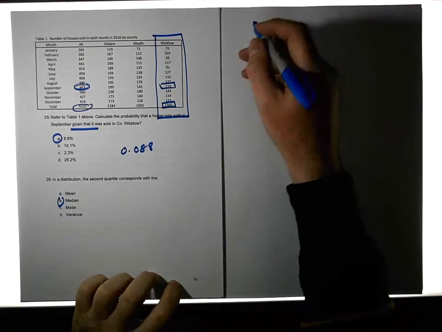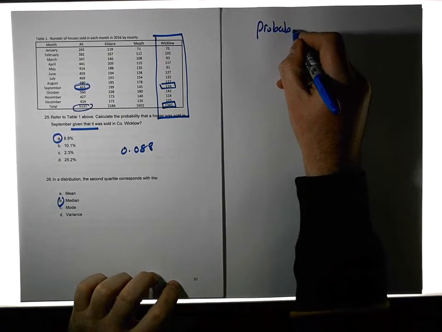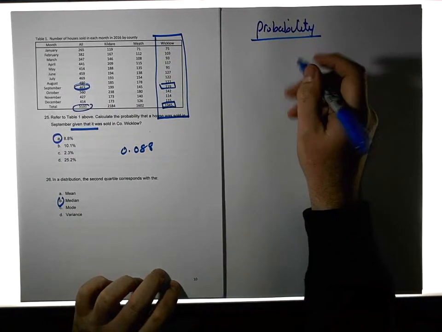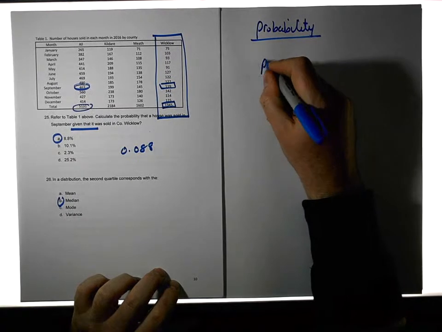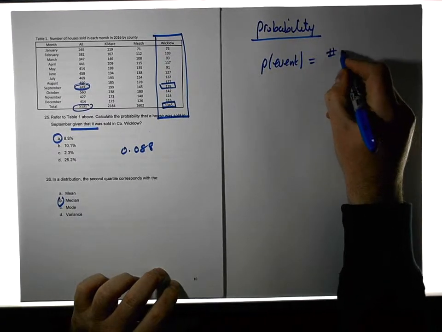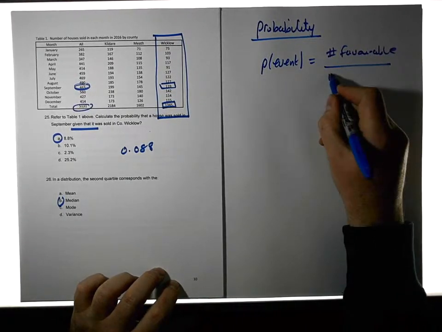Right, so the multiplication rule. Let's say from a probability perspective, don't forget our rules are something like this. The first rule is that the probability of an event is simply equal to the number of favorable outcomes divided by the number of possible outcomes.